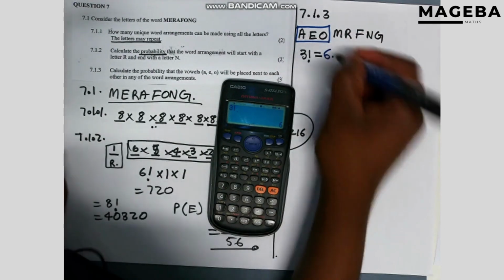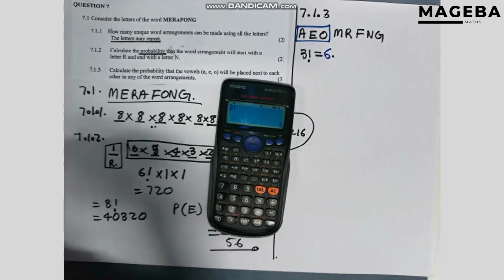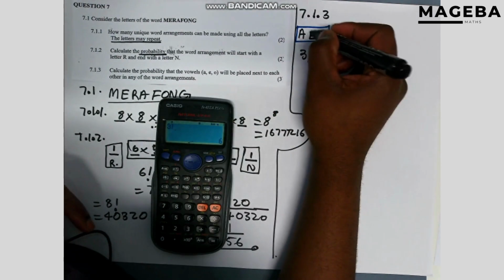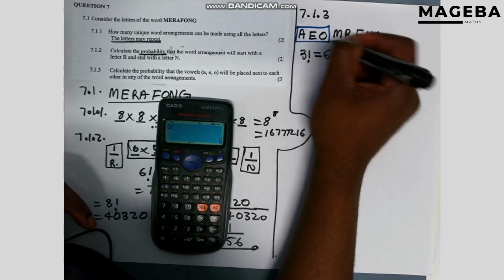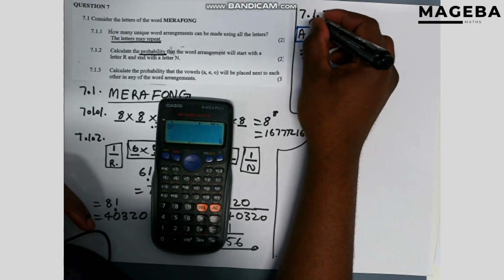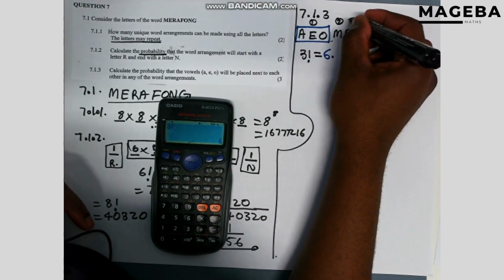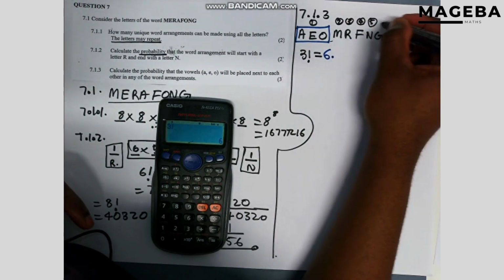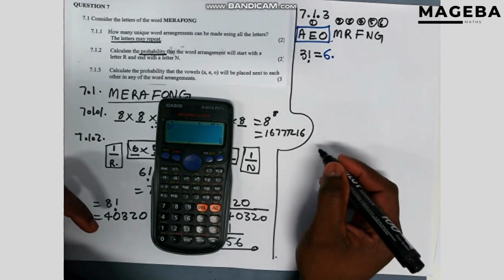Now this box we consider as one box, so it's 1, and then 2, 3, 4, 5, and 6.